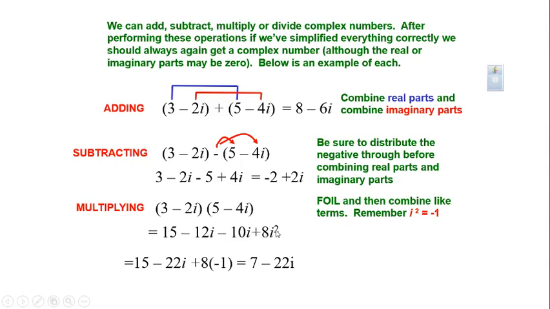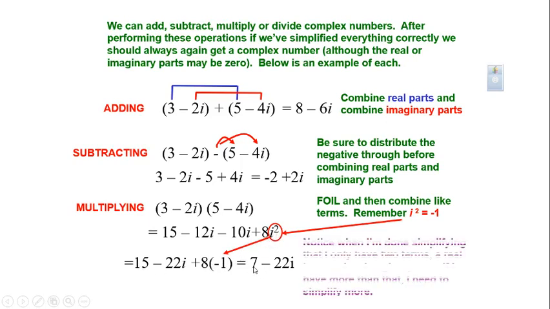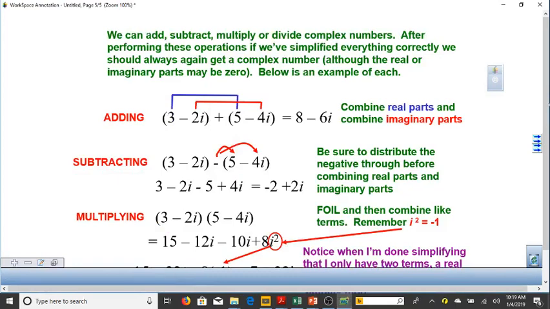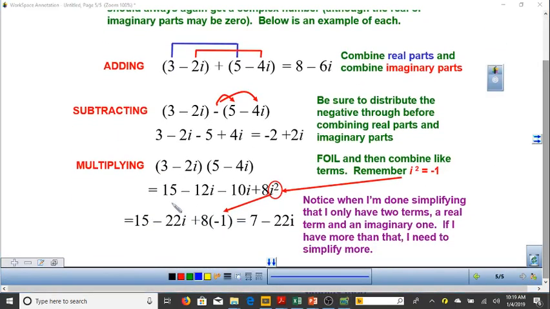But i squared is negative 1. So we get 15. The negative 12i minus the 10i is the negative 22i. And then the 8 multiplied by i squared is negative 8, which you then add to the 15, that gives you 7. And so we end up with standard form again, which is 7 minus 22i.